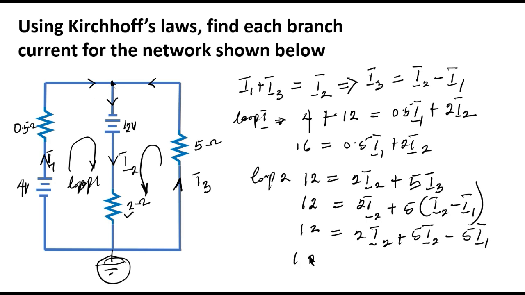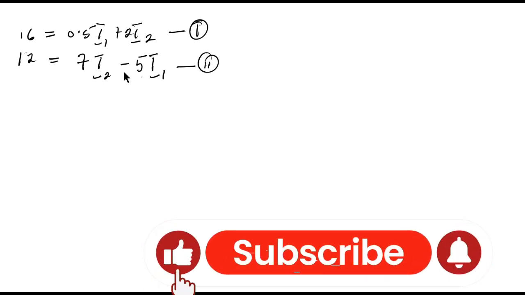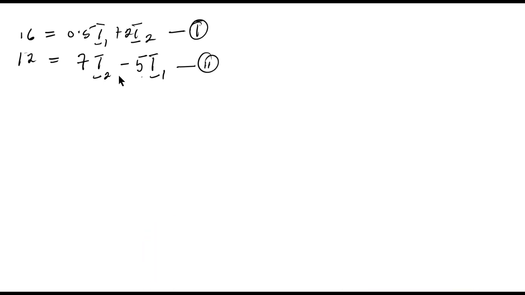So that 12 will be the same thing as 7 I2 minus 5 I1. Now, I can tag this my equation 1, while I tag this my equation 2. Let's write both of them together. Here I have my equations. I can see that equation 1 has 0.5 as the coefficient for I1 and equation 2 has -5 as the coefficient for I1. That means I can use the elimination method to quickly solve this problem.